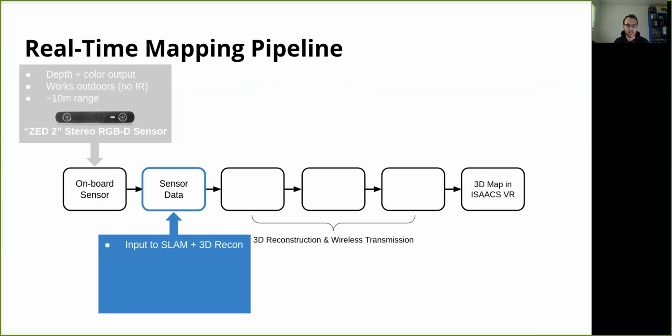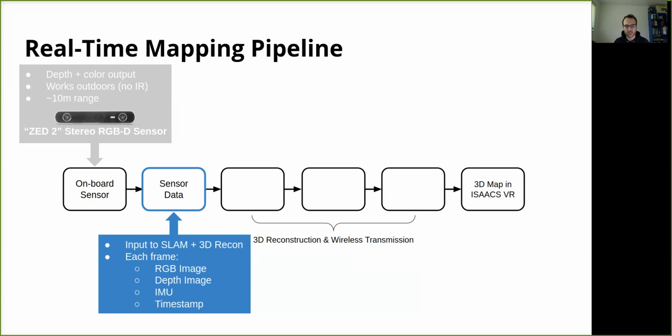So the type of data that SLAM and 3D reconstruction take are the following: an RGB image, a depth image, an IMU, or inertial measurement unit, and a timestamp. So for each sample, we need to know at what time it was captured.